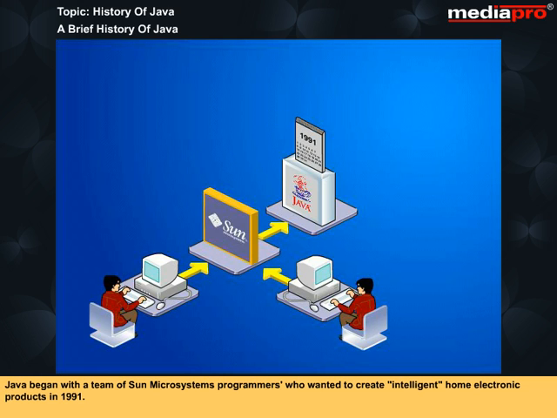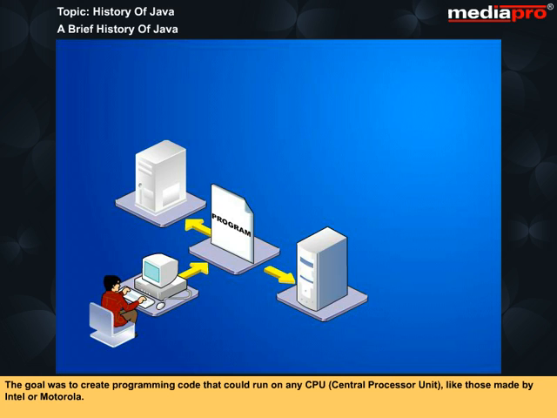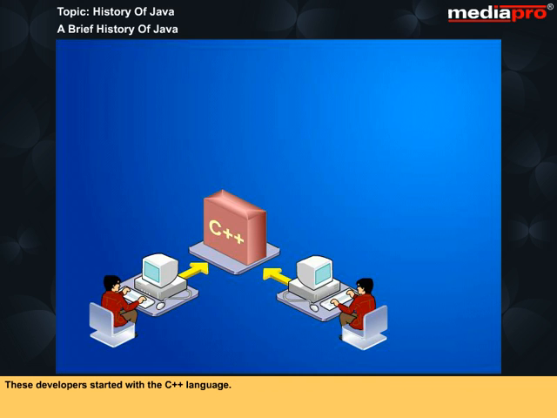Java began with a team of Sun Microsystems programmers who wanted to create intelligent home electronic products in 1991. The goal was to create programming code that could run on any CPU, central processor unit, like those made by Intel or Motorola. These developers started with the C++ language.